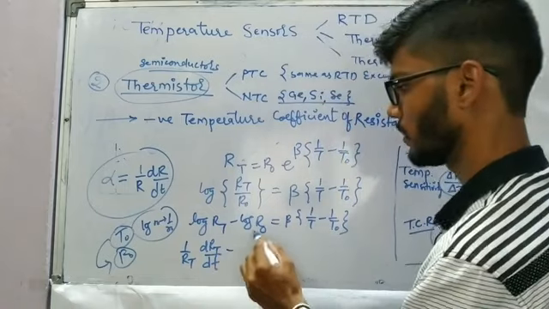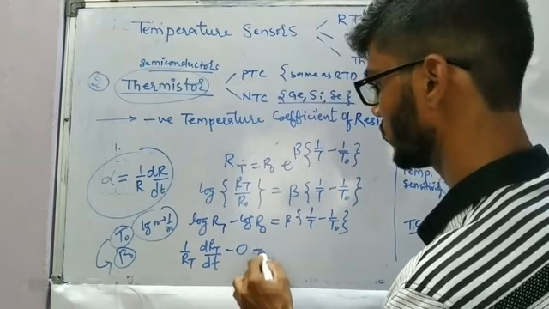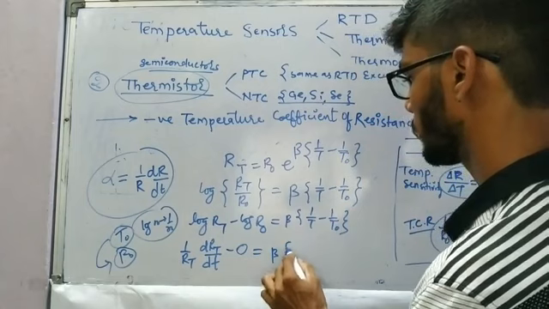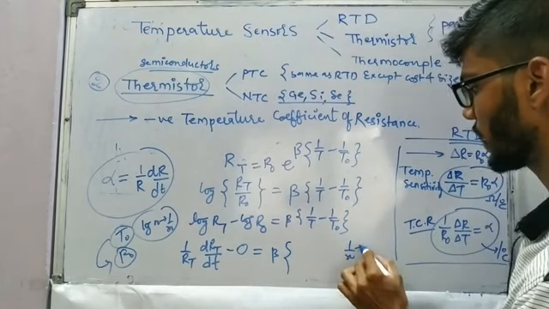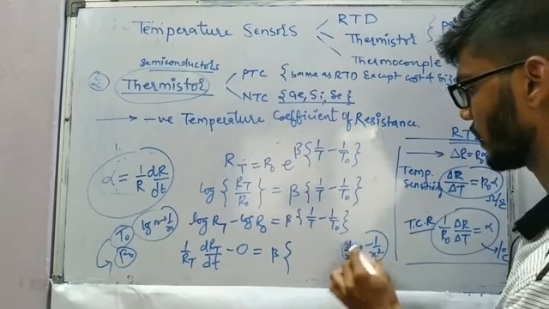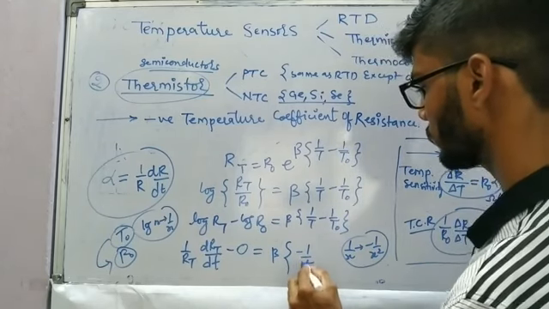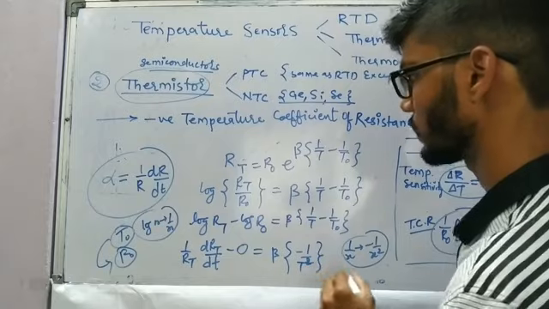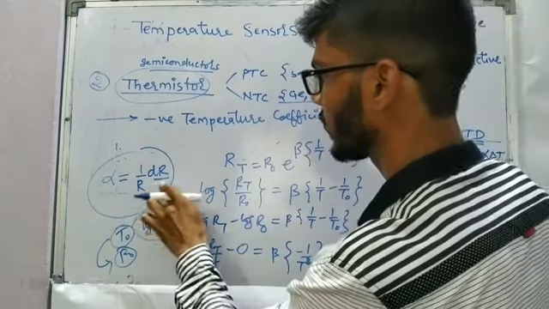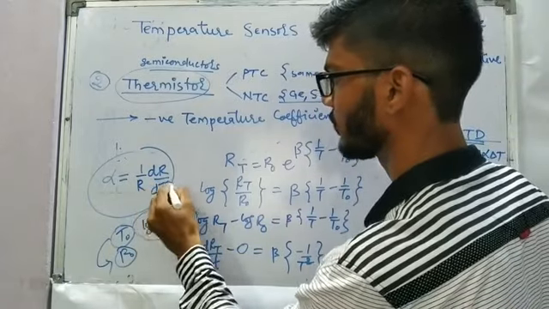Then log of R naught is a constant value, so it will be 0. Beta times 1 by T, and differentiation of 1 by x is minus 1 by x square. So this will be minus 1 by T square. Okay, so this is not dt with respect to time, this is with respect to temperature.